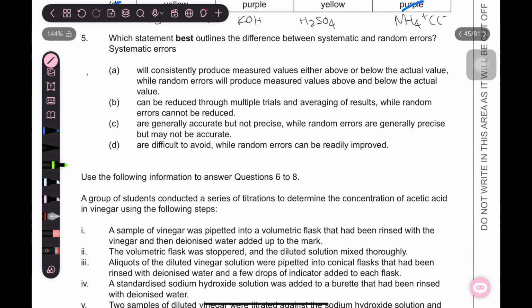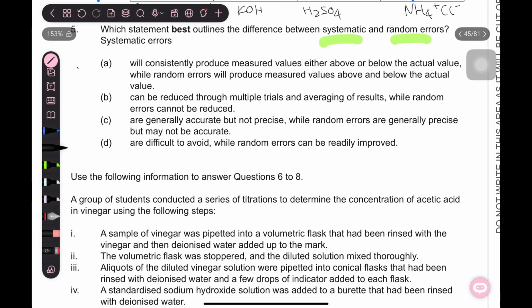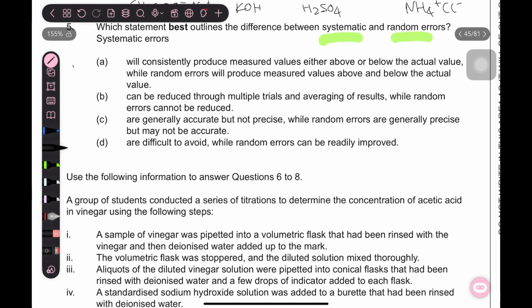Okay, now finally for question 5, this is just purely a theoretical question where we are essentially just looking at a systematic versus a random error. Now, I know just from memory and from theory that a systematic error will consistently be above or below. So that means, if you have systematic error 1, it will always be above the actual value.